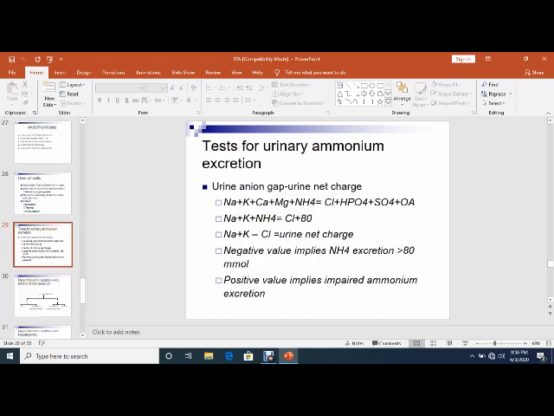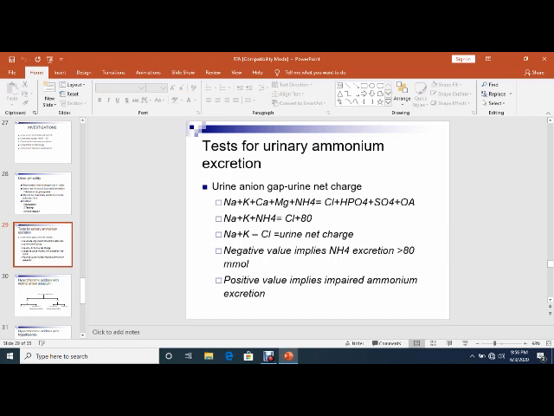and test for urinary ammonium excretion, urinary anion gap minus urine net charge. Urinary anion gap is the sum of sodium, potassium, meaning cations, and sodium, potassium, calcium, magnesium and ammonium.